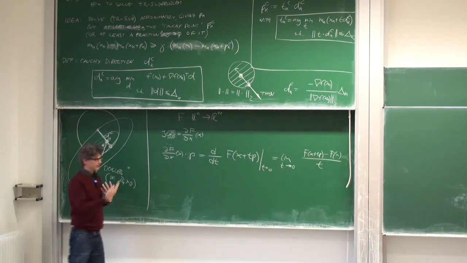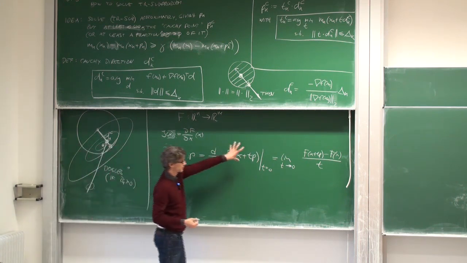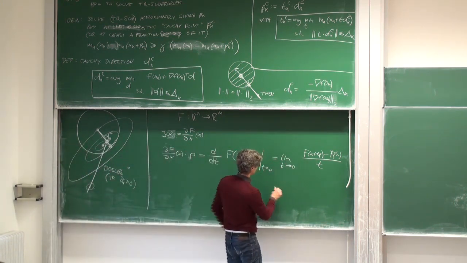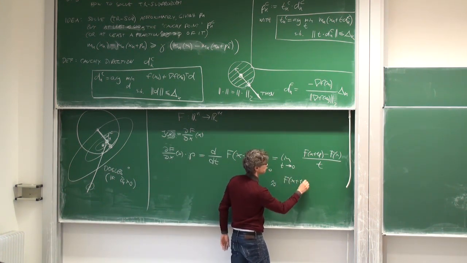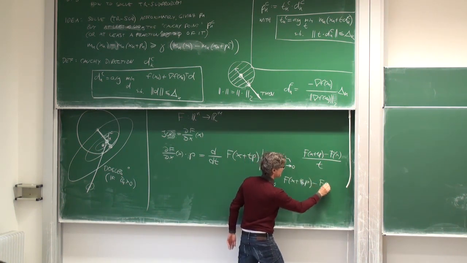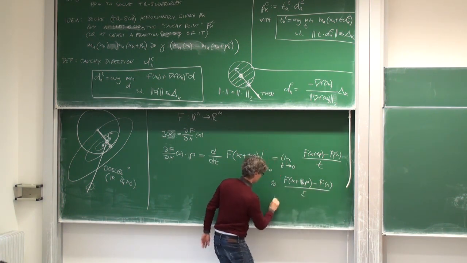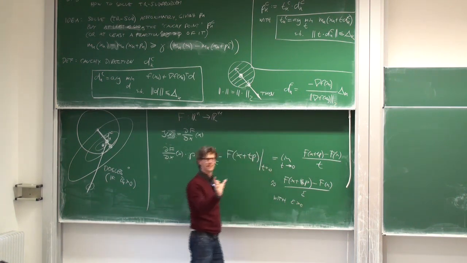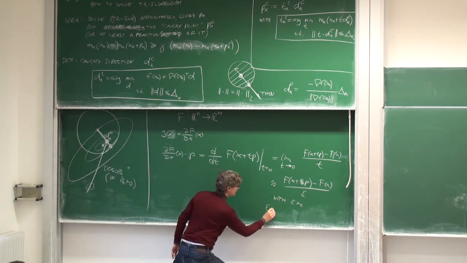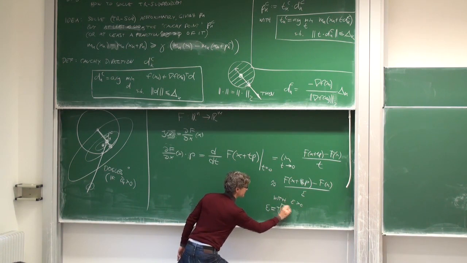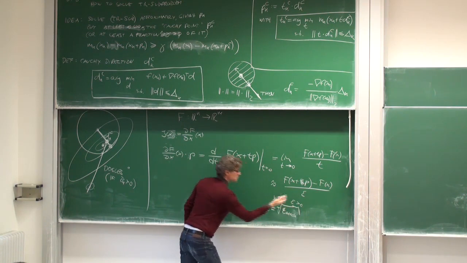This limit is something you can theoretically define, but if you have a computer function, you will just say this is approximately equal to f(x + epsilon p) minus f(x), divided by epsilon, with epsilon bigger than 0, but not 0. Very typically people choose epsilon to be the square root of the machine precision, which we call epsilon machine.